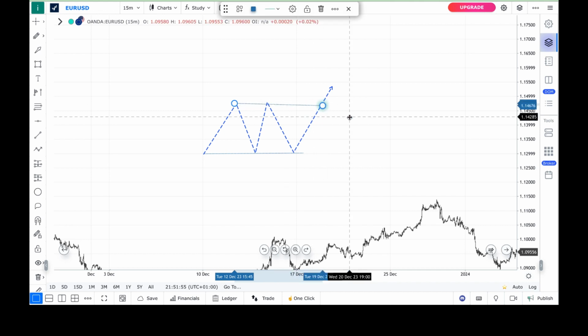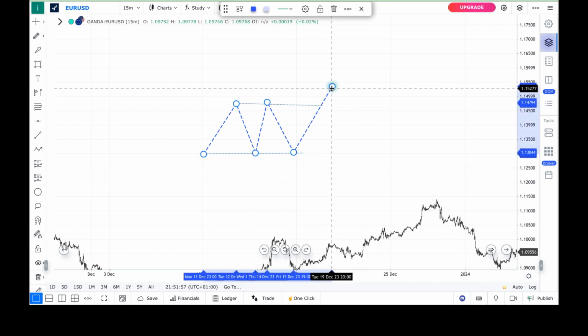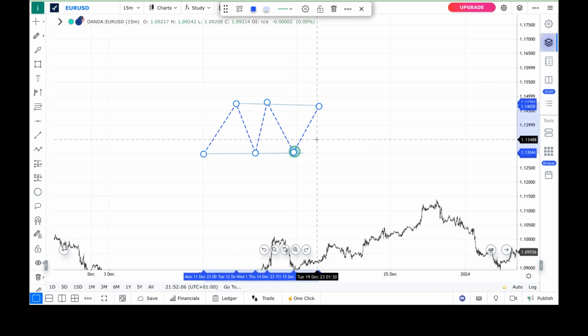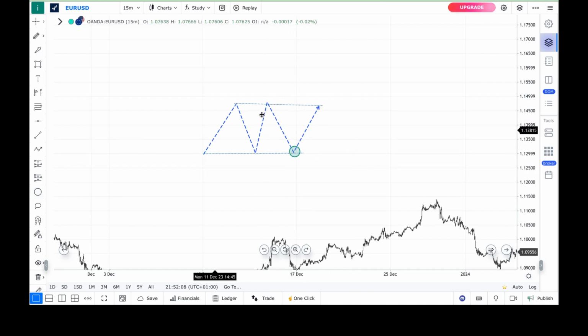What we do basically is buy at the support here, and we sell at this resistance here.